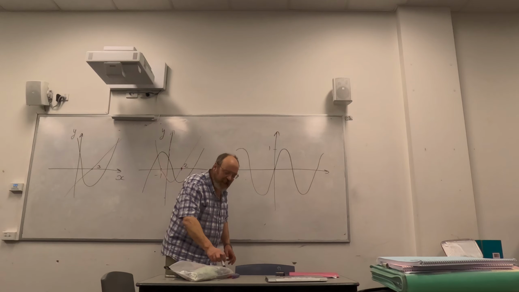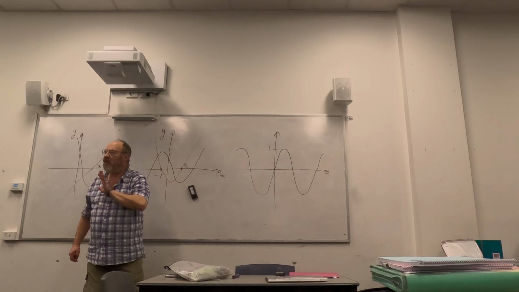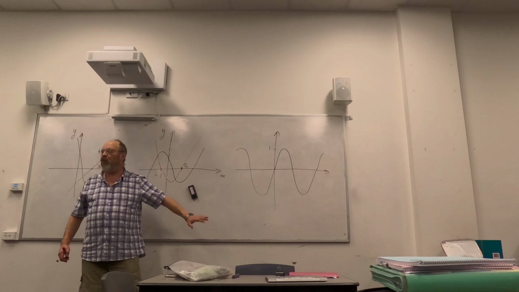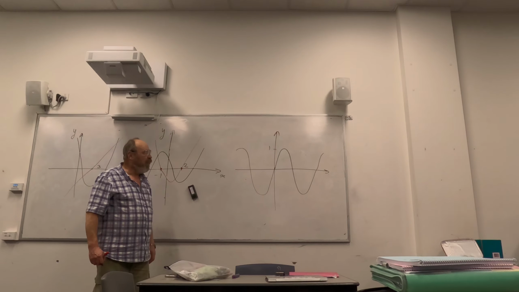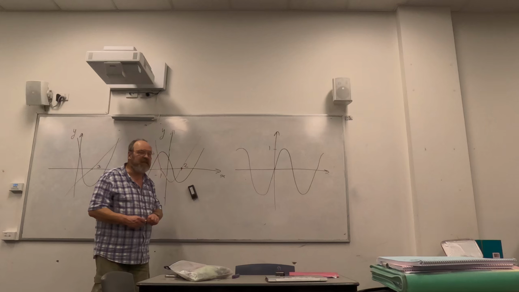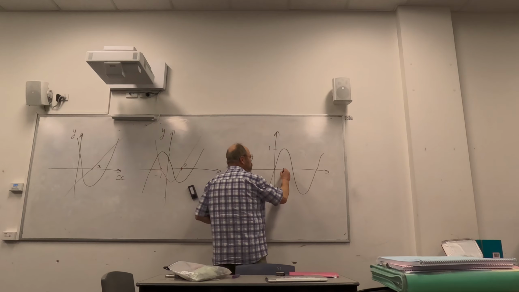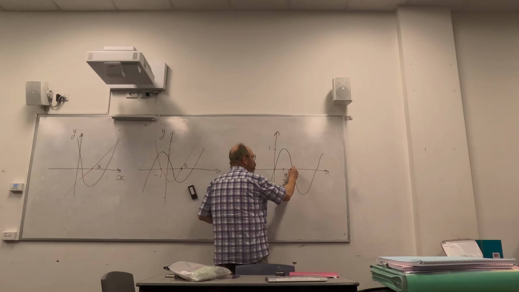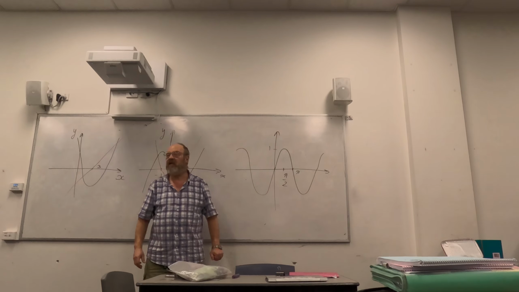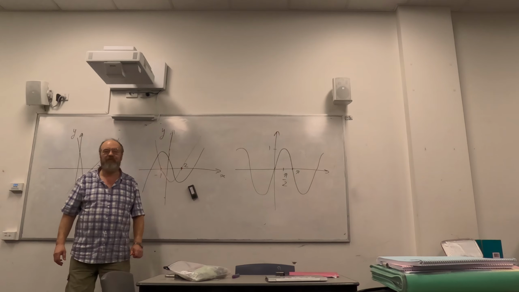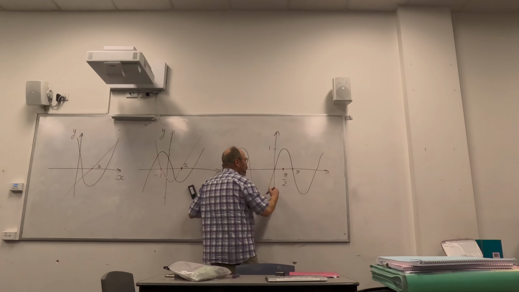Let's construct the derivative of the sine just by looking at this graph. If this point is pi on 2 and this is pi, and so on, what should the derivative equal at x equals pi on 2? 0, because the gradient is flat.